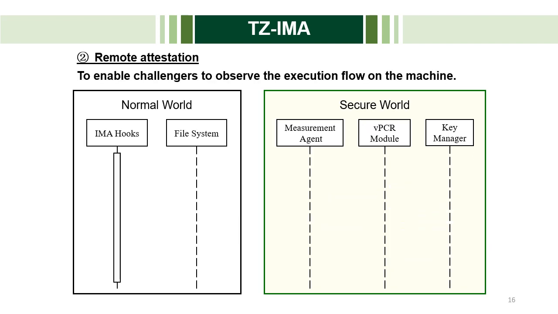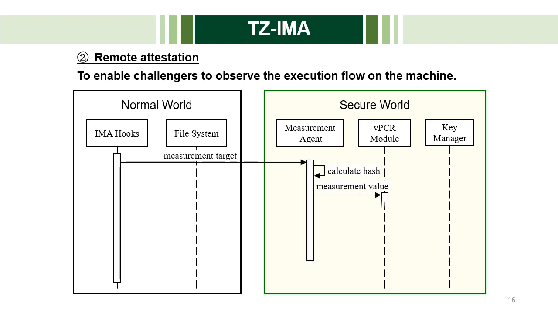TZ-IMA attestation aims to provide a measurement list including the application execution status of the remote system, and enable challengers to detect whether sensitive applications have been modified or executed by malware. The workflow of the attestation mechanism can be seen from this figure.